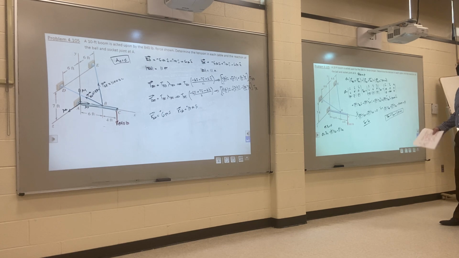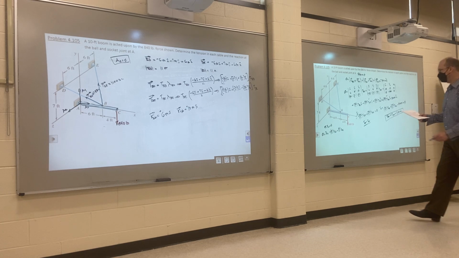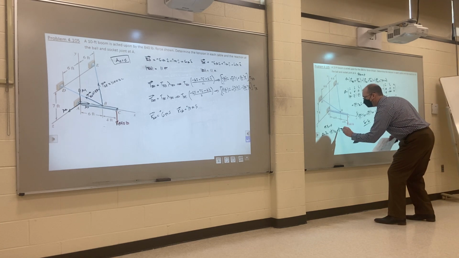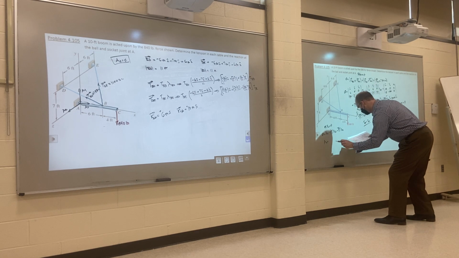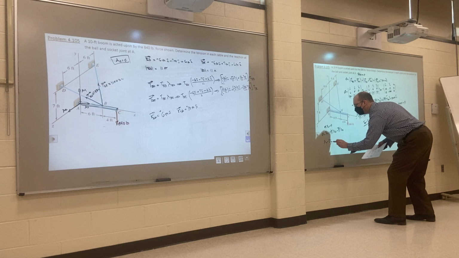When I solve for that, what am I going to get? I'm going to get AX is equal to 1,200 pounds, and it was a positive answer.